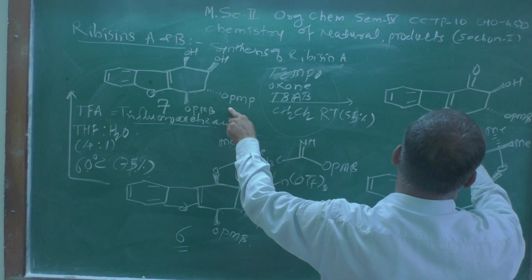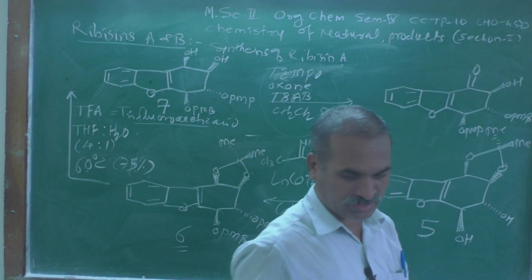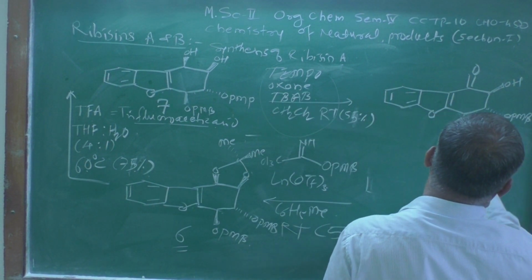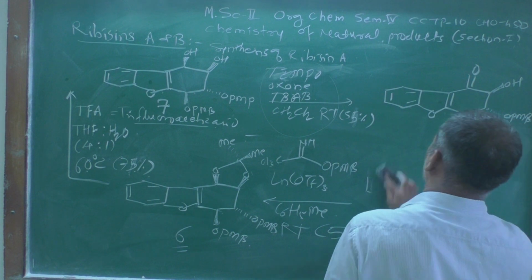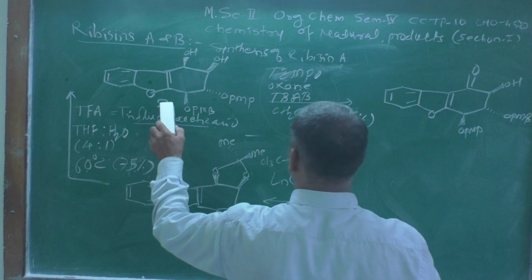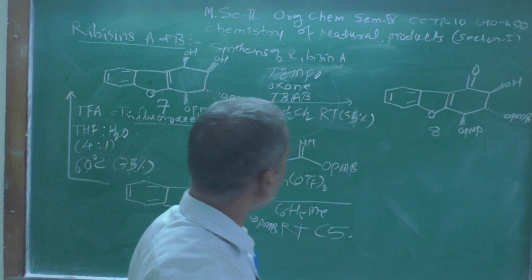Here also OPMB remains as it is. This is the compound which we got, nothing but compound number 8, right? This is compound number 7 and compound number 8 here.